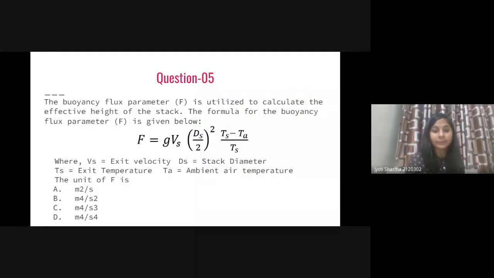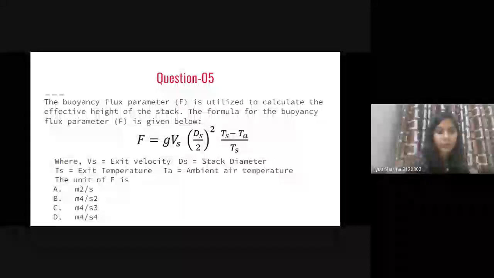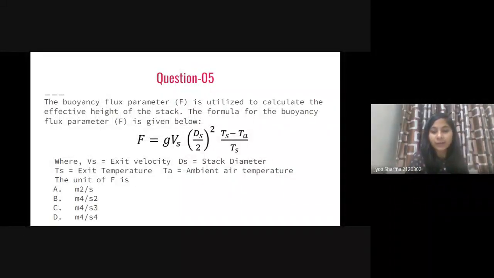Answer was D, right? Okay, we have already talked about this, but because we have the question, we have the buoyancy flux parameter that is used to calculate the effective height of the stack, and the formula is given here. So the question wants to ask you the unit of F. Alka already gave me answer C before I could finish.